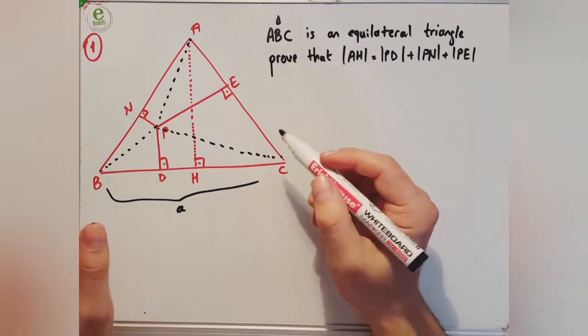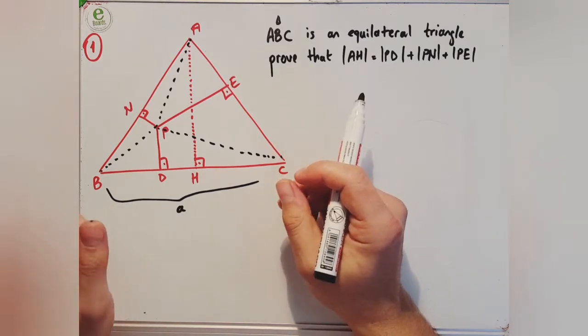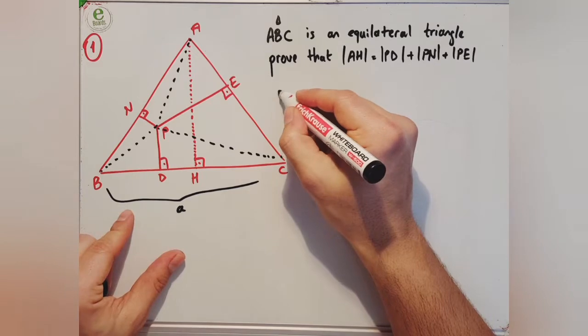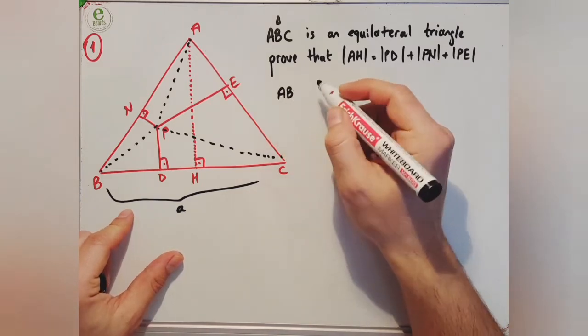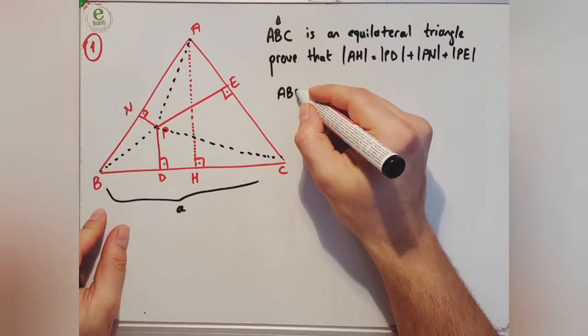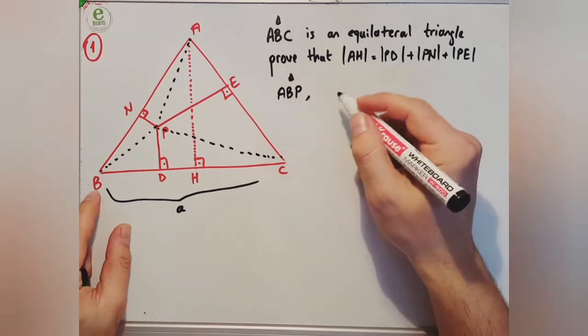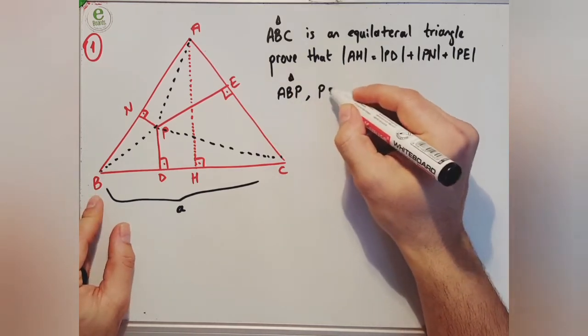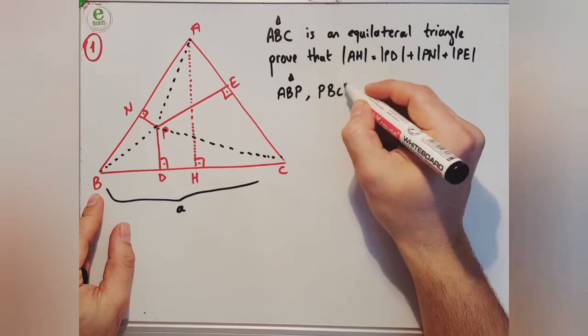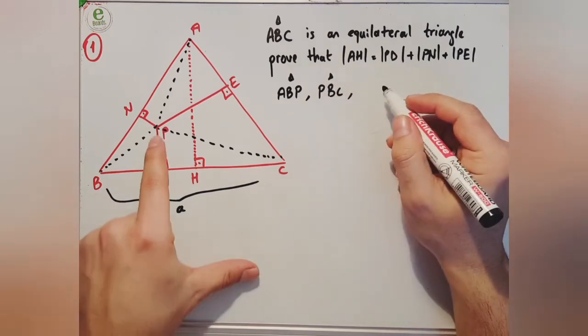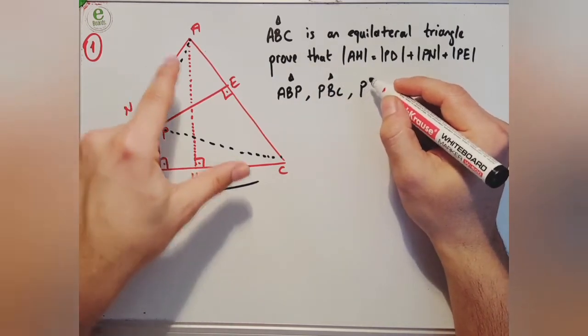So we divide triangle ABC into three triangles, such as triangle APB, triangle PBC, and triangle PAC.